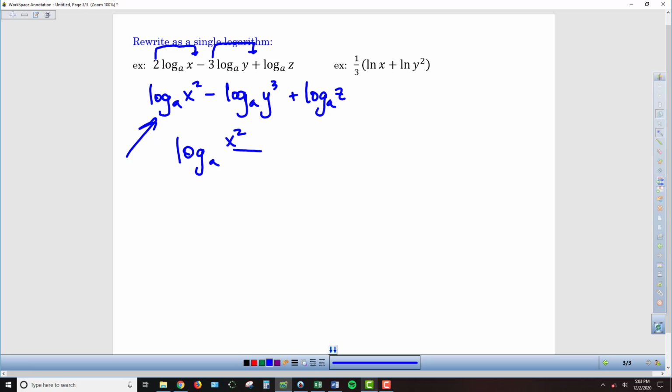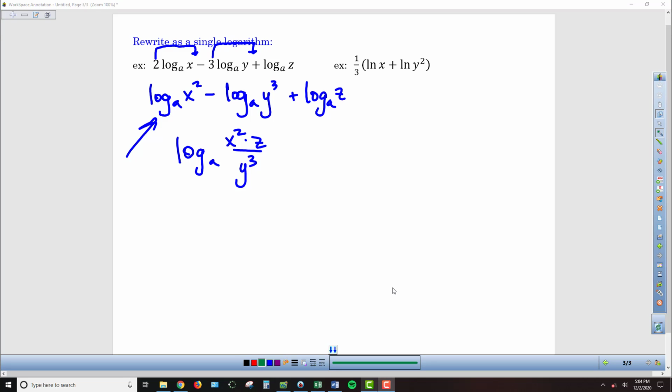I have minus log base a of y cubed, so since it's being subtracted, that's going to go into my denominator. And then finally, I'm adding the log base a of z, and so that's going to go into my numerator. That's just times z. Again, remember, logs that are being added, we are multiplying. Logs that are being subtracted, we divide whatever's inside of those logarithms. So that's how we end up here.